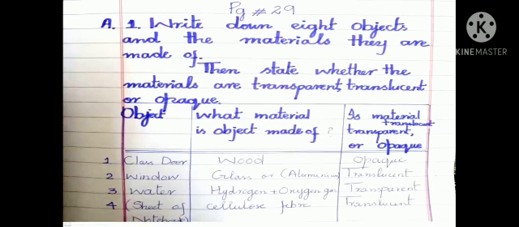Number 3, water. Water is made up of 2 gases, hydrogen and oxygen. This is an example of transparent material. Number 4, a sheet of your notebook, made up of cellulose fiber. This is translucent. 4 objects are given here and the other 4 objects you can do by yourself from your clear observation of how much light can pass through them.